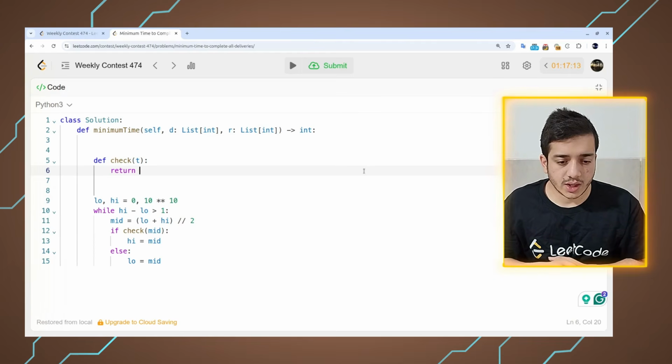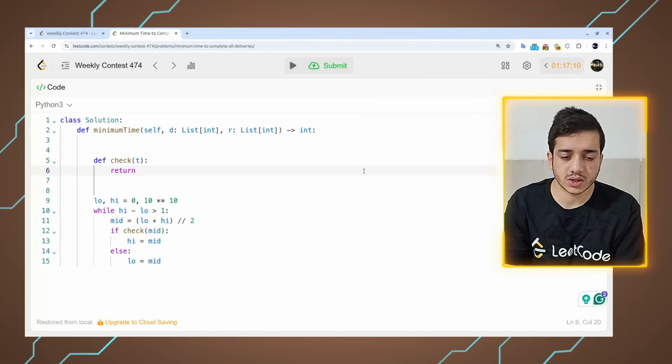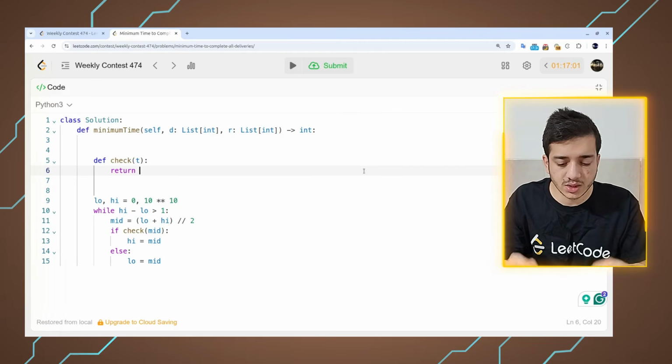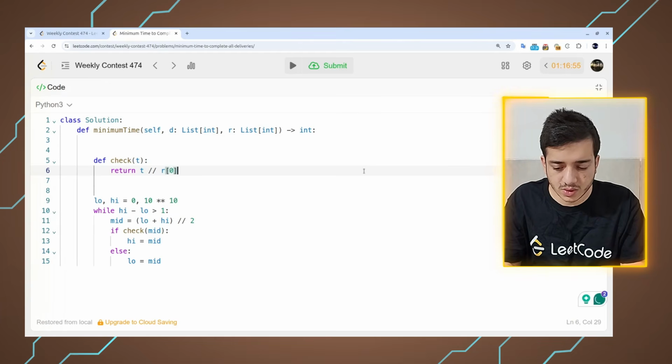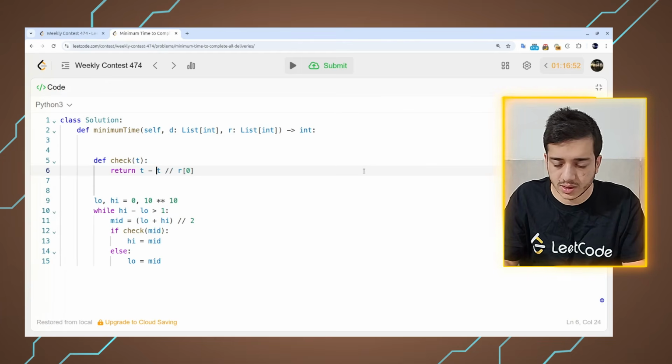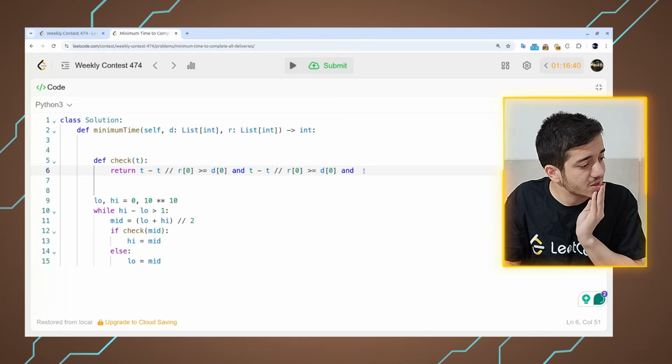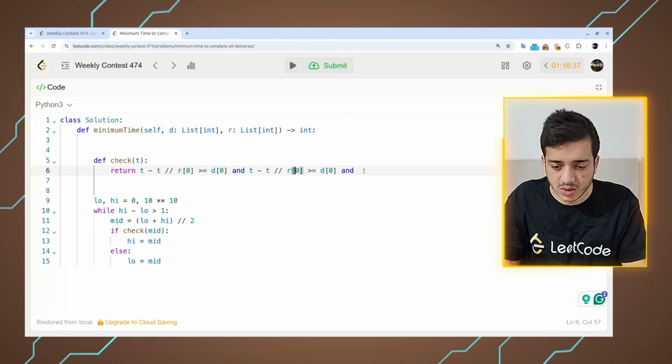Now we need to find how many hours until t are multiples of r, which is simply t divided by r0. T minus that should be more than or equal to d0. Same for this one.